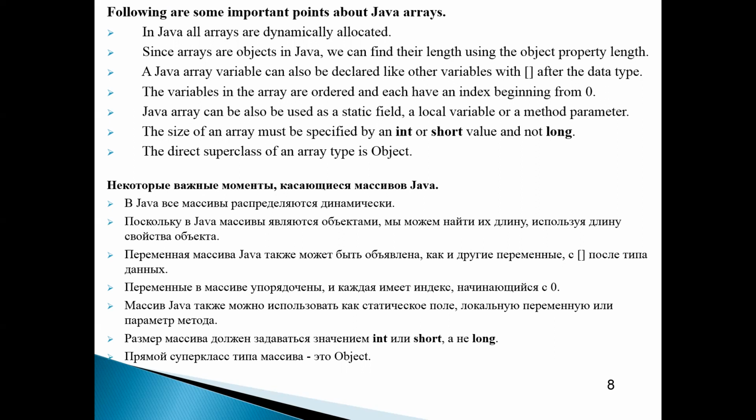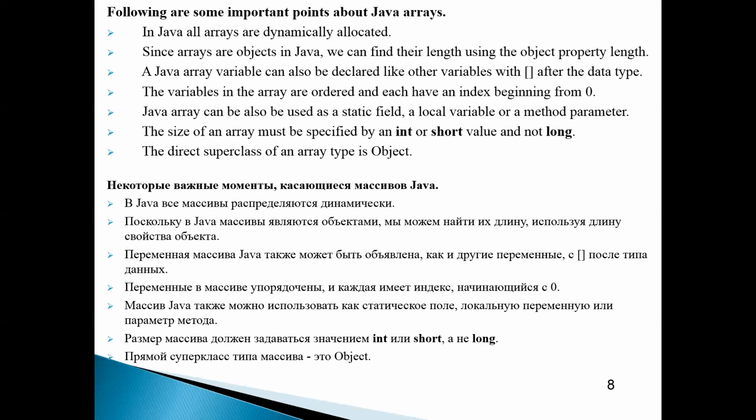In a Java array, a variable can also be declared like other variables with square brackets after the data type. The variables in the array are ordered and each has an index beginning from 0.